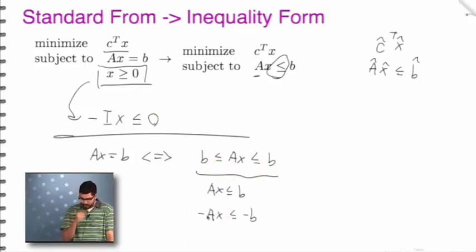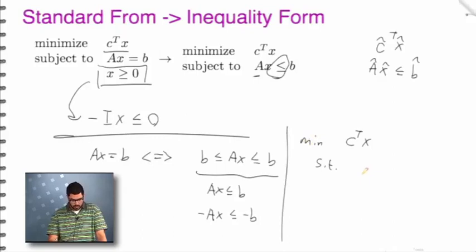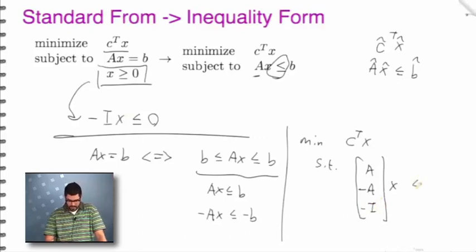Okay? So let me finalize this equation. I get back to C transpose X, because my variable X has not changed, minimize, subject to, A times X, minus A times X, and minus identity from the non-negativity, less than or equal to B, minus B, and a vector of zeros.